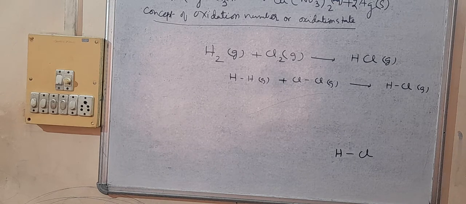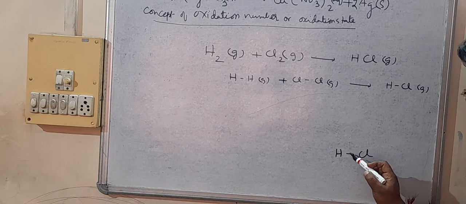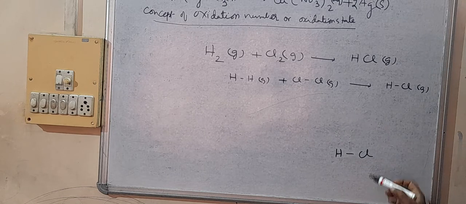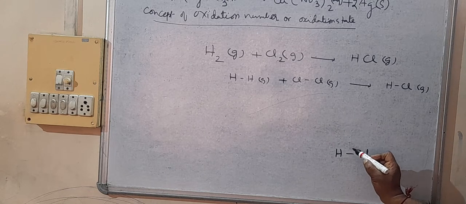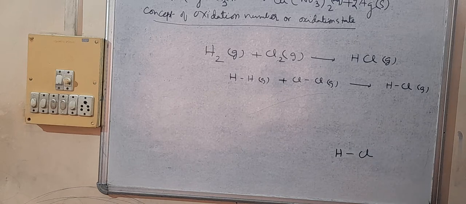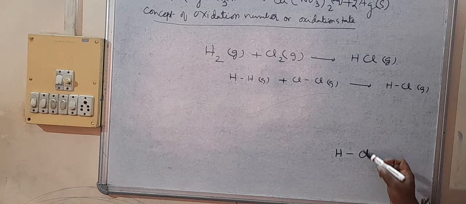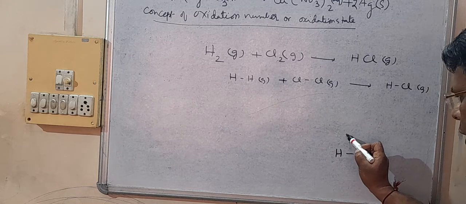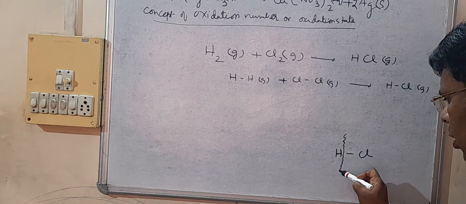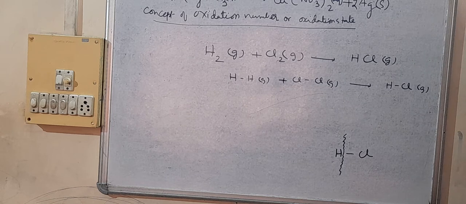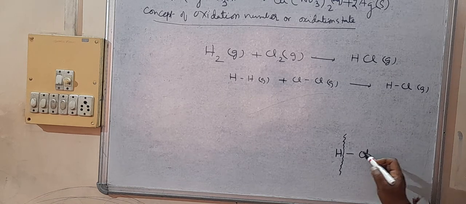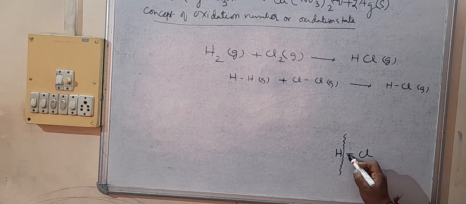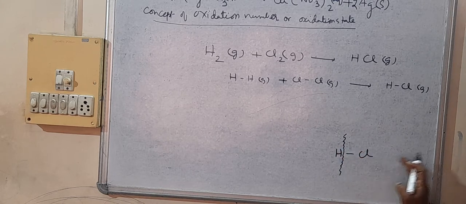So if we imagine carrying out the cleavage, the breaking of this bond, the bond will break from here. That is, there will be heterolytic fission, and the 2 electrons present here will be taken away by chlorine.